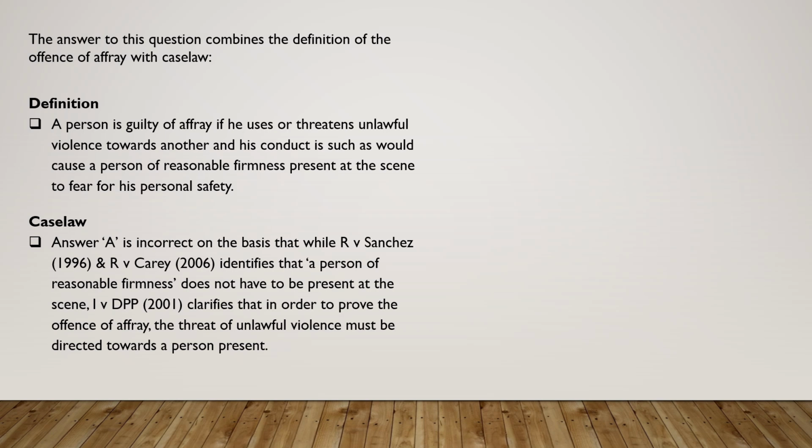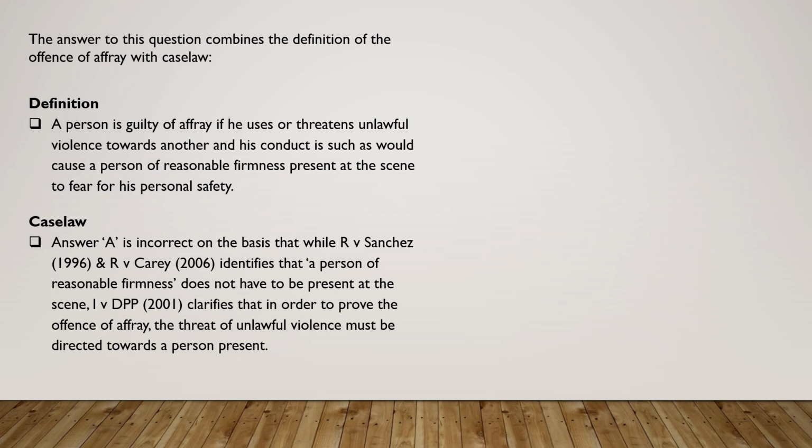Okay, so from case law's perspective, answer A is incorrect on the basis that while R v Sanchez 1996 and R v Carey 2006 identify that a person of reasonable firmness does not have to be present at the scene, I v DPP of 2001 clarifies that in order to prove the offence of affray, the threat of unlawful violence must be directed towards a person present.